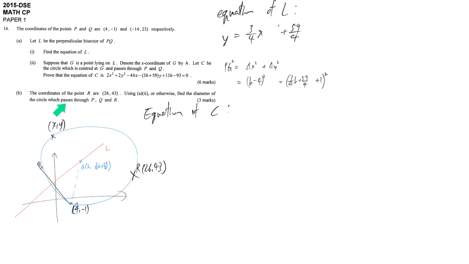Do you know that whenever a point passes through an equation or a line or a shape, then it fulfills the requirement? That means you can substitute. So since R lies on C, when x is equal to 26, then y will equal 43. Then we put it in.